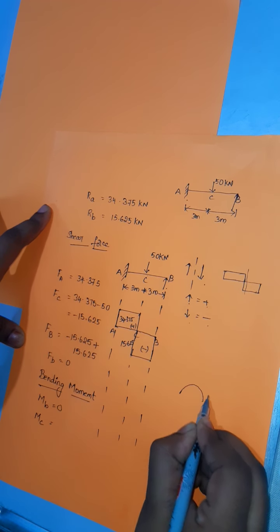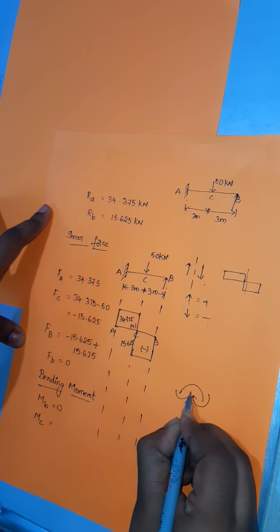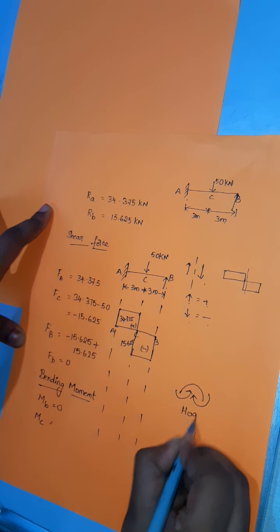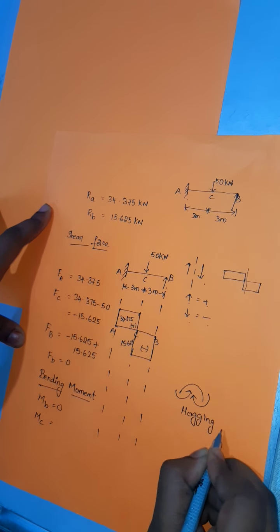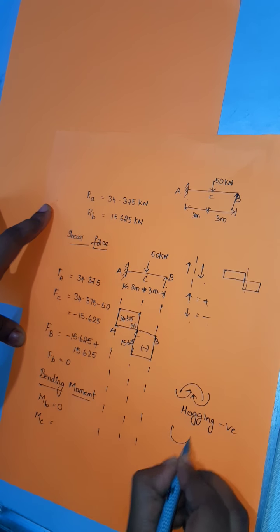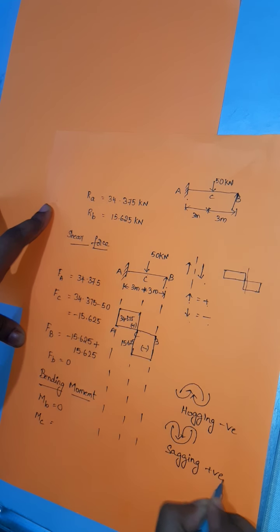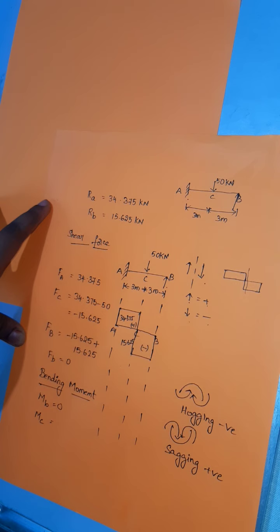Hogging we will take as negative. Sagging is positive. Next, MC.